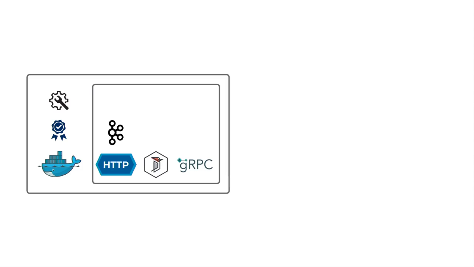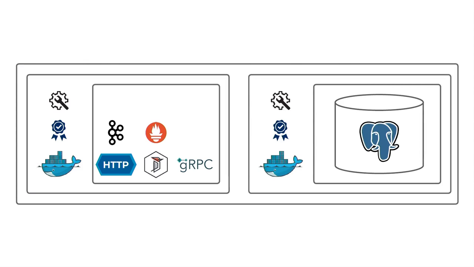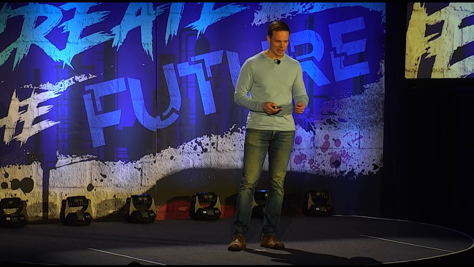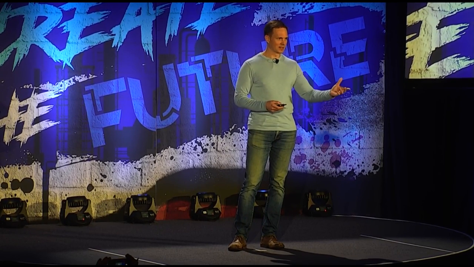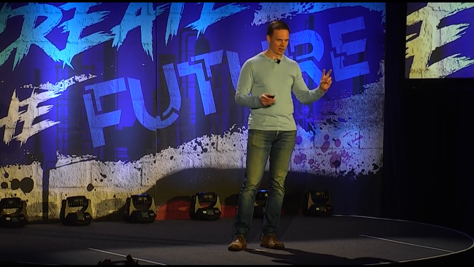This application may publish event data to some kind of message bus like Kafka, so it's going to have a client for doing that. Of course, you want to monitor the health of this application, so it's going to have some kind of library and endpoint where you can do that. If this application persists state, it may be deployed alongside another container that has a database in it, which also means you then have a client for interacting with the database. And once we've laid all of this foundation, we finally get to the piece of business logic that we wanted to write, called the application.